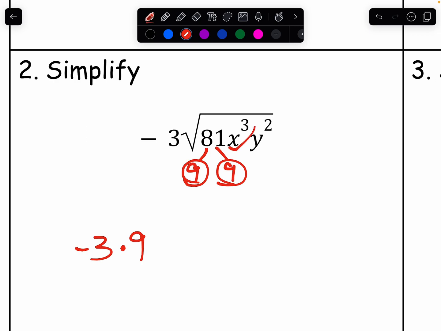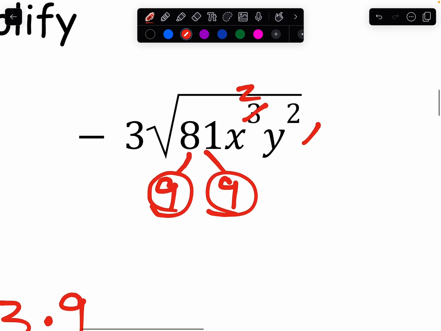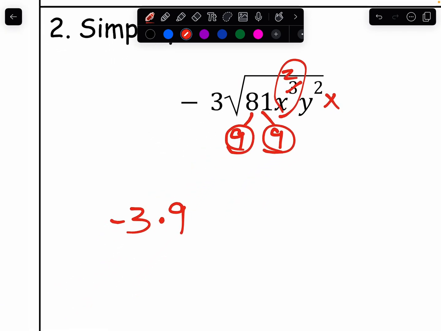Now I look at the variables. What you're supposed to do with these exponents is divide by 2. Well, 3 doesn't divide by 2. So I have to mark it down by 1 and leave the extra in here. So now, divide by 2. 2 divided by 2 is 1. So x to the first power, or just x.